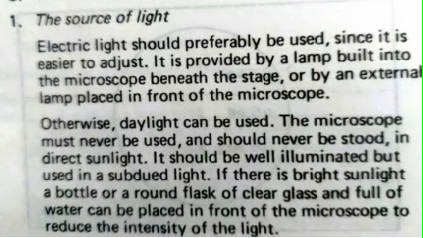The microscope must never be used in direct sunlight. It should be well illuminated but used in subdued light. If there is bright sunlight, a bottle or a round flask of clear glass full of water can be placed in front of the microscope to reduce the intensity of the light.